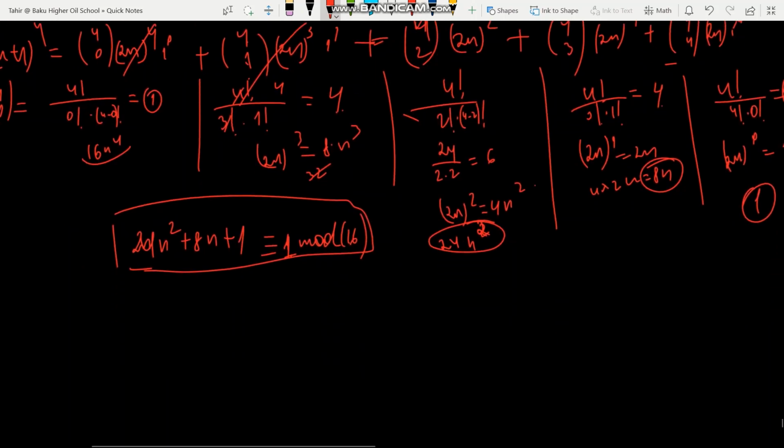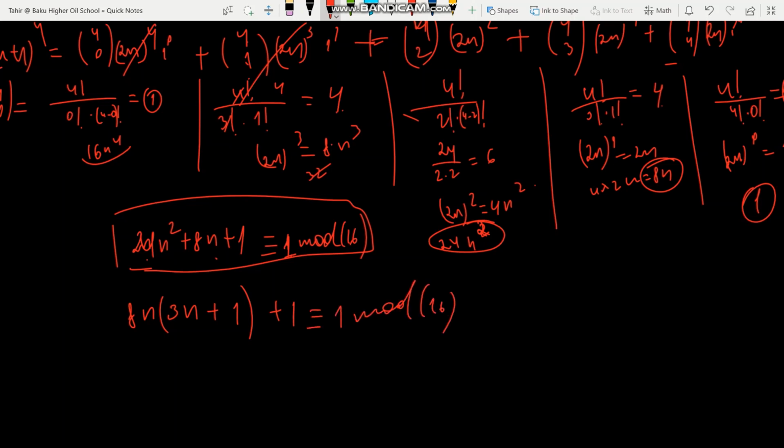For now, I see the same terms inside the first and second part of this polynomial function. Let's just put 8n out of the brackets and write the expression for it. Plus 1 gives us 1 in mod 16, which means that this term is fully divisible by 16, and as a remainder we get 0.